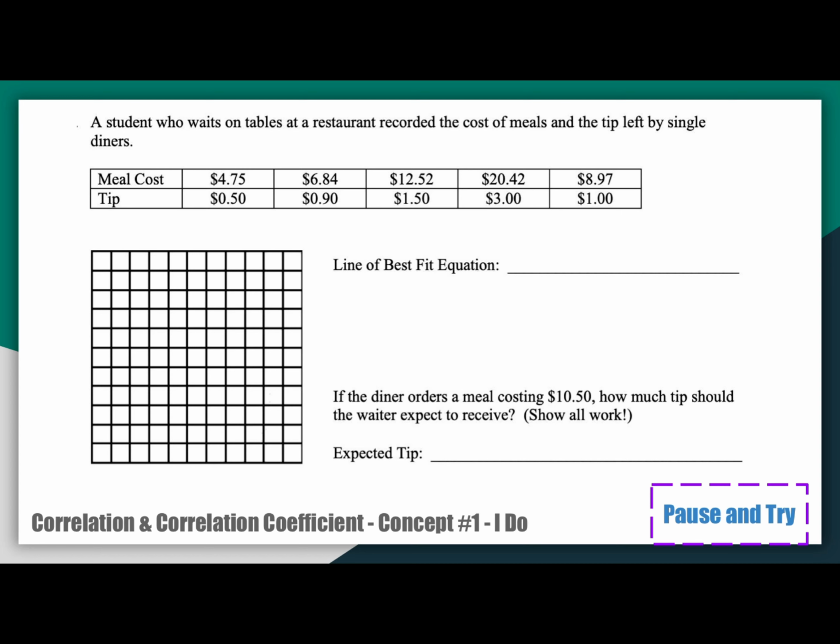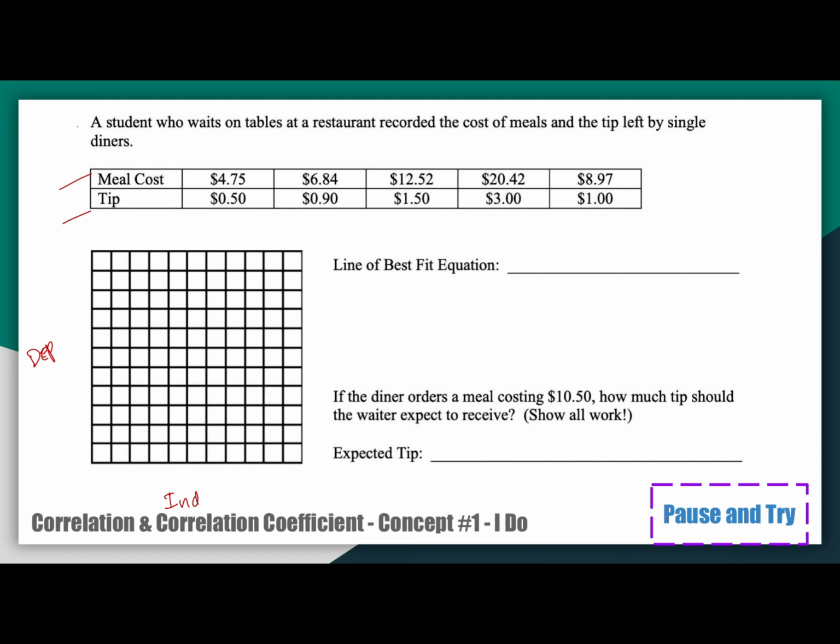Okay, hopefully at this point you gave this problem a try, right? We have a student who waits on tables at a restaurant, recorded the cost of meals and the tip left by single diners. So we need to label this out. We have to figure out which one is our independent variable and which is our dependent variable: tip and meal cost.